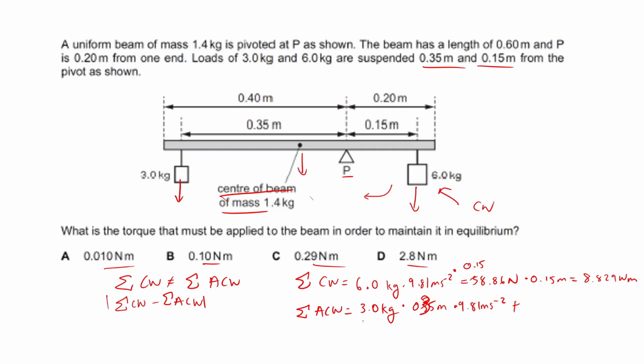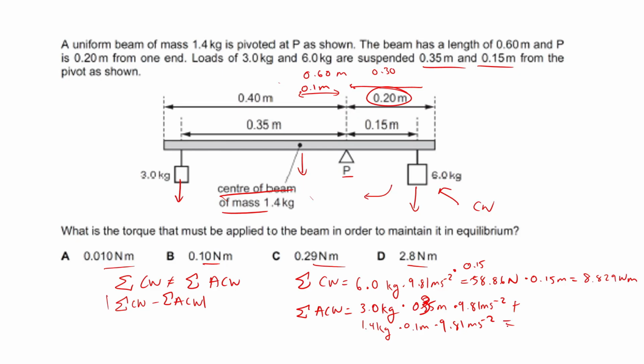So then we have 1.4 kg times the distance. We know that the length of the entire beam is 0.6. Half of that is 0.3. And since the pivot is 0.2, this distance is 0.1 meters, times 9.81 meters per second squared.